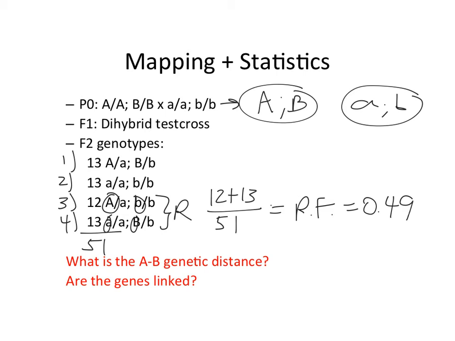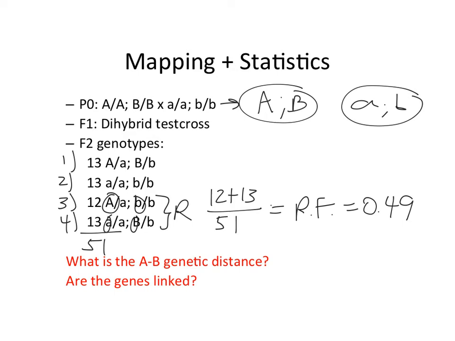What's the answer to the second question? Unlikely. Possibly. What about, so what's our rule? If it's less than 50 centimorgans, it means genes are either at the ends of one chromosome or they're on separate chromosomes.